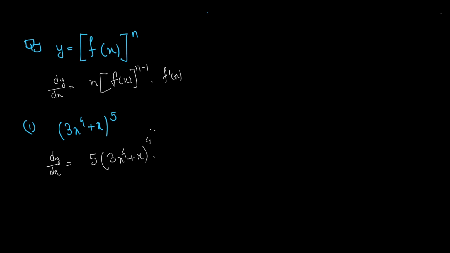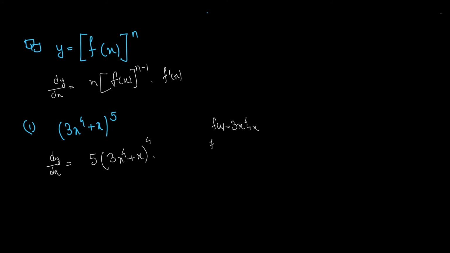Now, in our second step, we need to look at this expression. We have to take this expression and differentiate it one time. So this expression is 3x to the power 4 plus x. So let's write that down. f(x) is equal to 3x to the power 4 plus x.